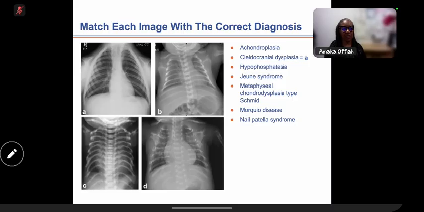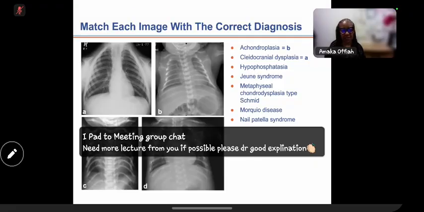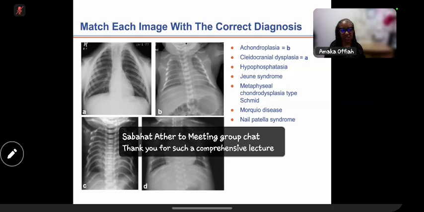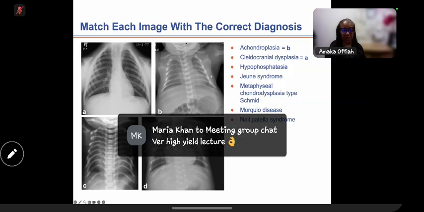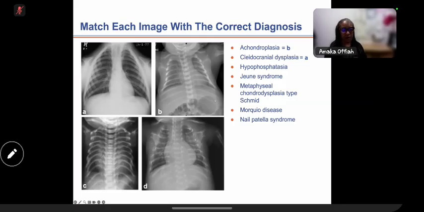So A is cleidocranial, characteristic feature is absent clavicles. B is achondroplasia, very subtle, very difficult, but that left proximal humerus metaphysis is sloping. The ribs are short. You're seeing far more of the scapulae outside than you should be seeing, and the anterior rib ends are not coming out anteriorly very far.